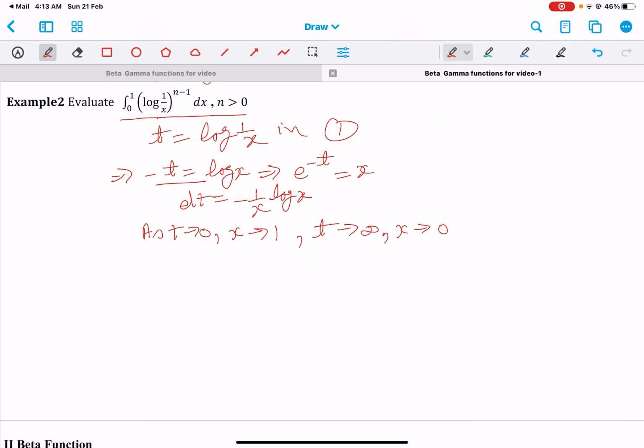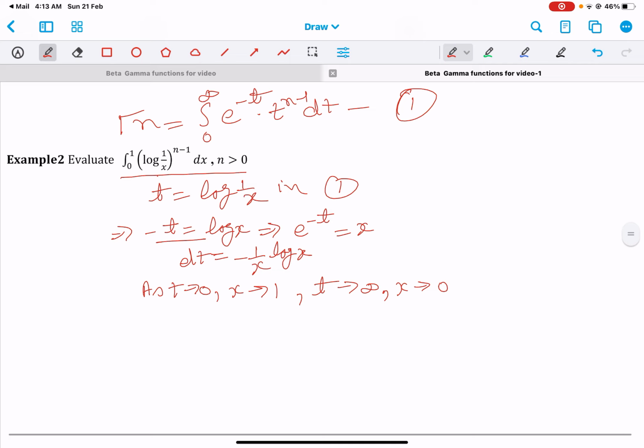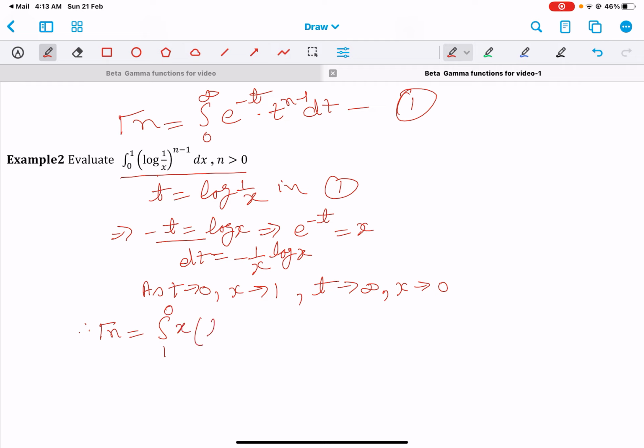Therefore, using these values in equation 1, I will be getting gamma n equal to integral 1 to 0 x into log 1 by x to the power n minus 1 into minus 1 upon x dx, which may be rewritten in this form.